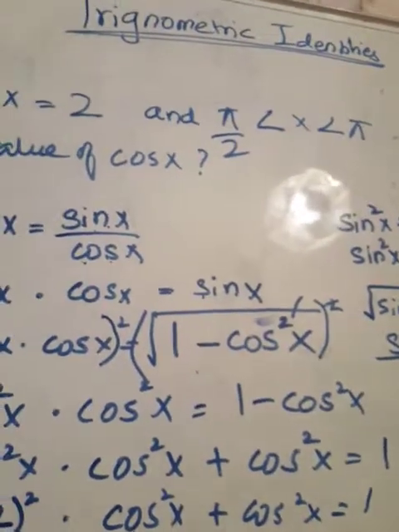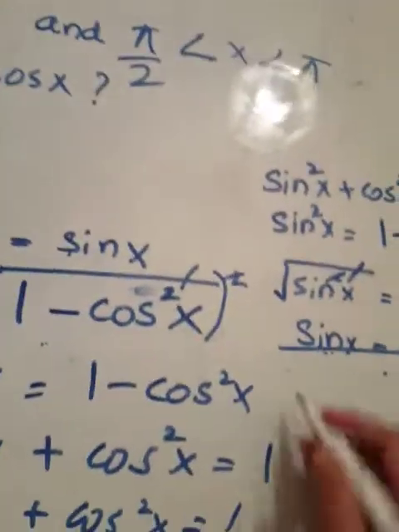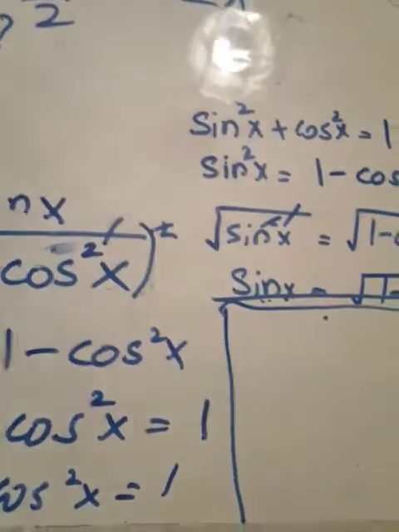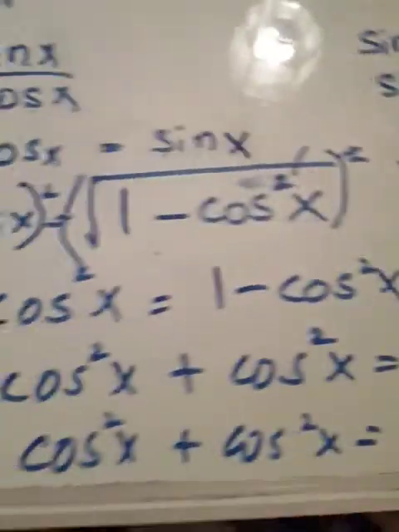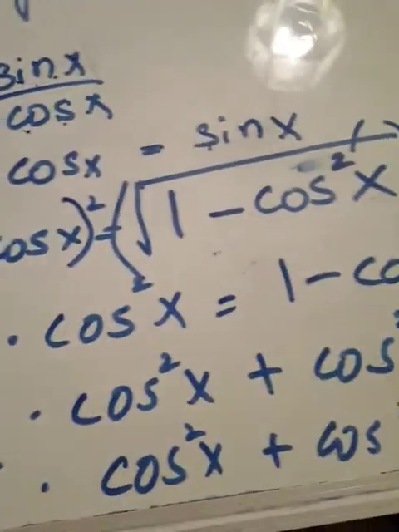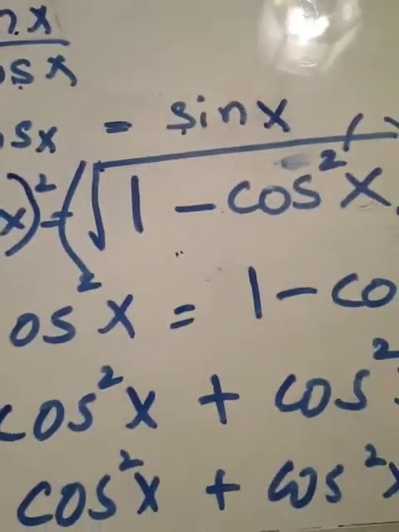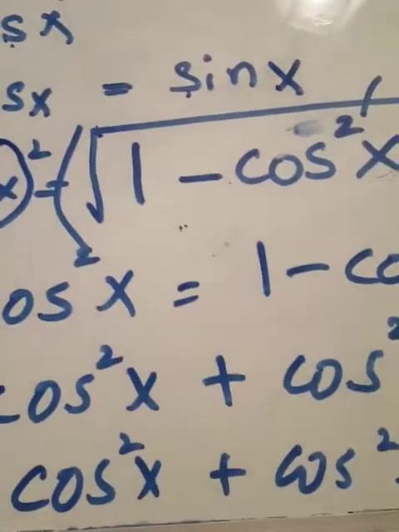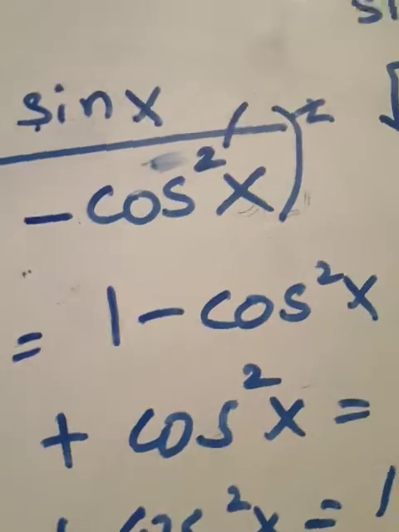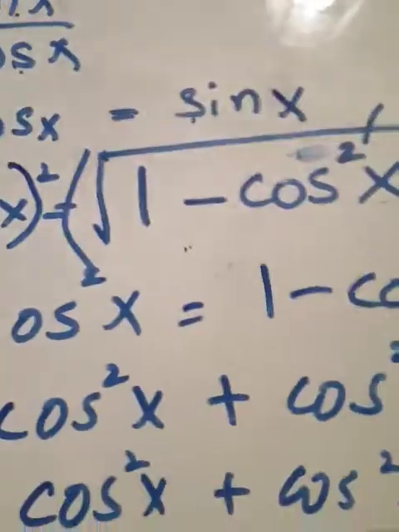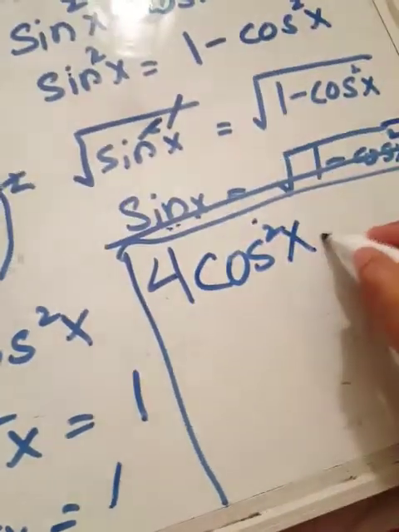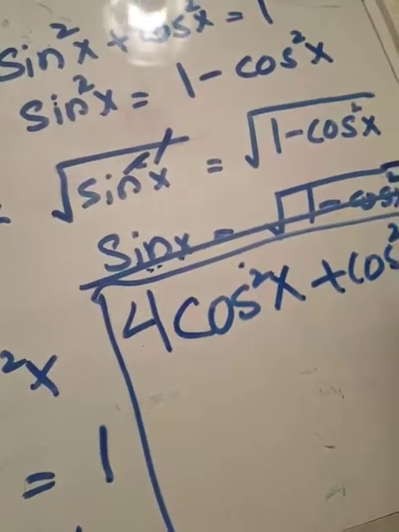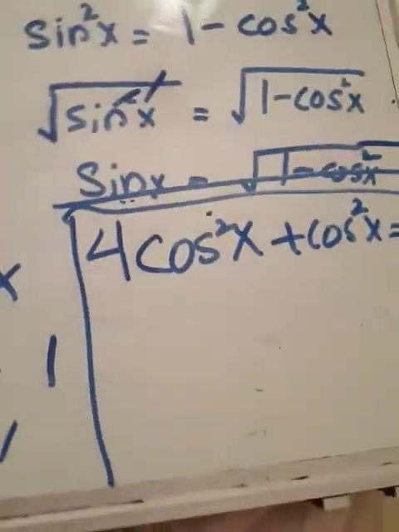Okay, fine. Now I don't have much space actually. Let me continue here. So can I write my previous equation, which is 2 square, which is 4, and I can just write 4 cos square x plus cos square x equals 1, right?